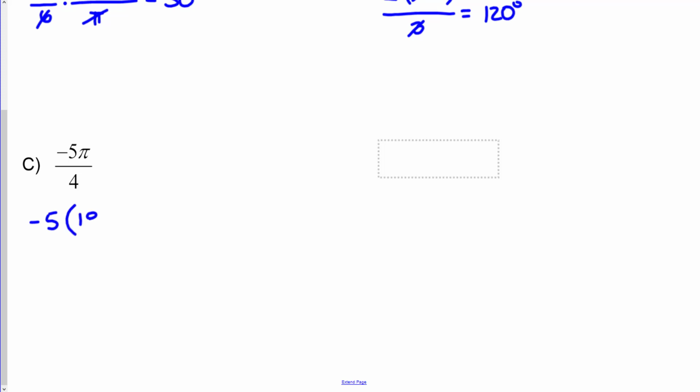Negative 5 times 180 degrees over 4. So 4 goes into 180 degrees 45 times, and then negative 5 times 45 is negative 225. So that's the equivalent angle measure, but I want to give my final answer that's coterminal.